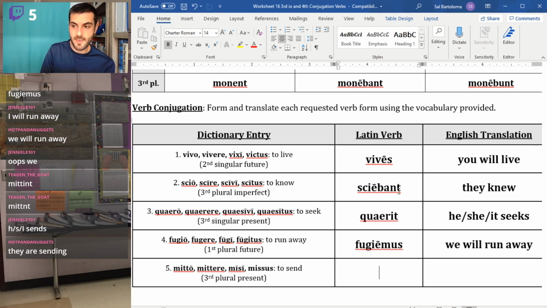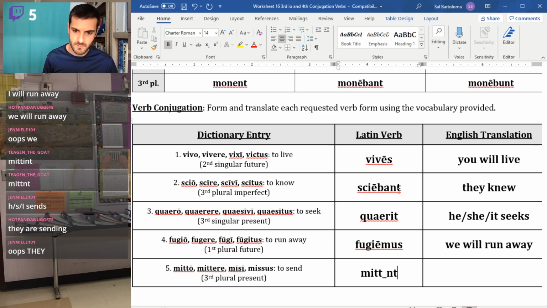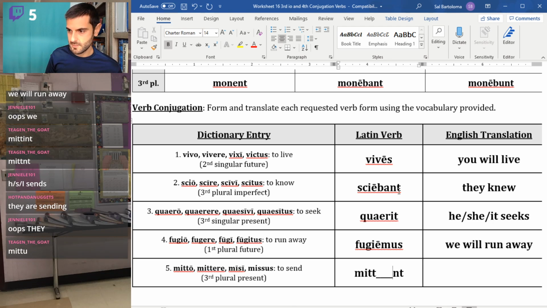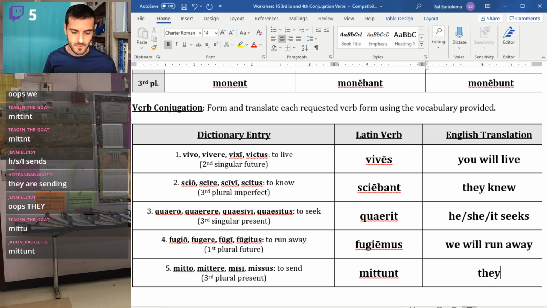So third plural would be they, right? They send, or they are sending, but I haven't seen the Latin form yet. Definitely gonna have the MITT. I'm gonna have something, and then I'm gonna have my NT. So what's going in the middle there? Oh, is it? Mittunt. They send. Mittunt. So that third plural one is tricky because it's UNT. Mitto, mittis, mittit, mittimus, mittitis, mittunt.